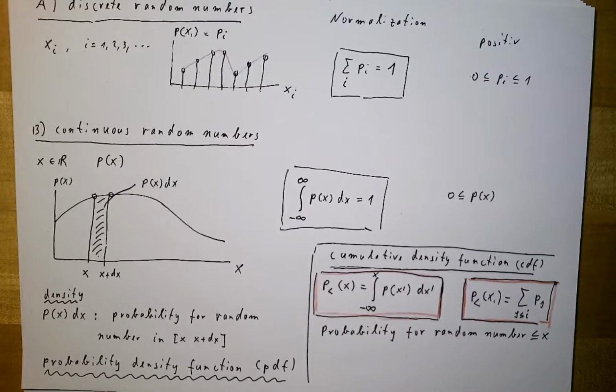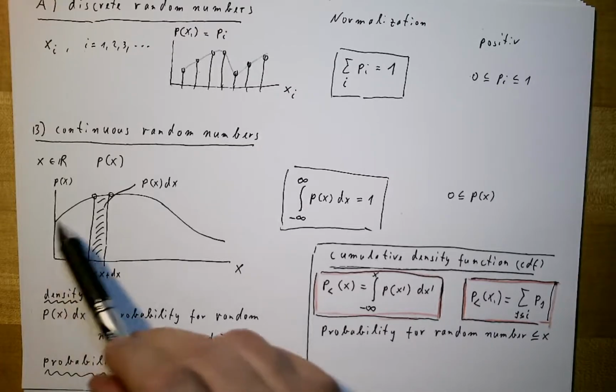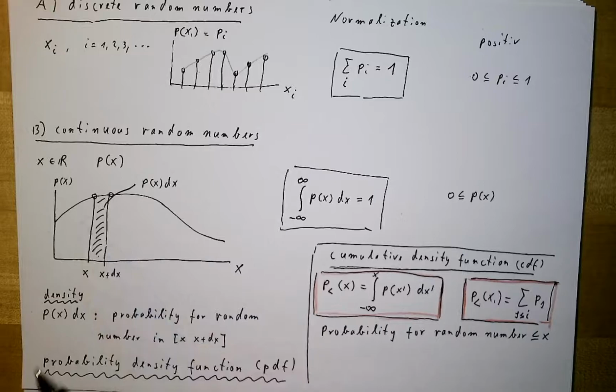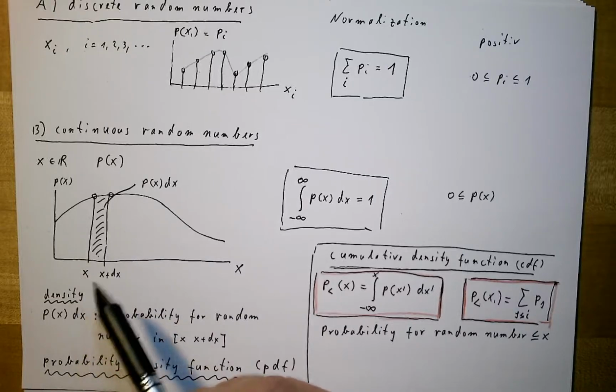Now, when you look in the literature of probability theory or stochastic processes, in the physics literature, or literature written by physicists, they use more the probability density function, this PDF, because the shape of the PDF is typically more characteristic for the distribution.